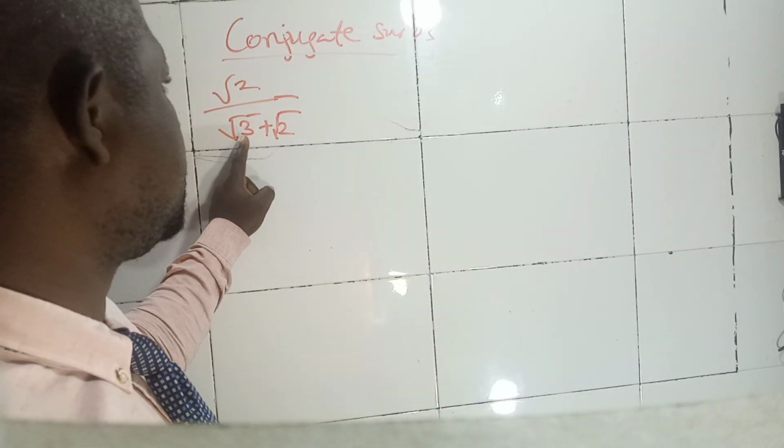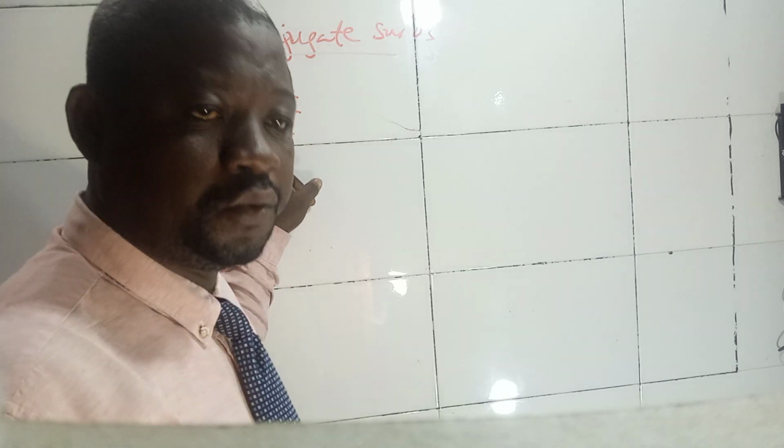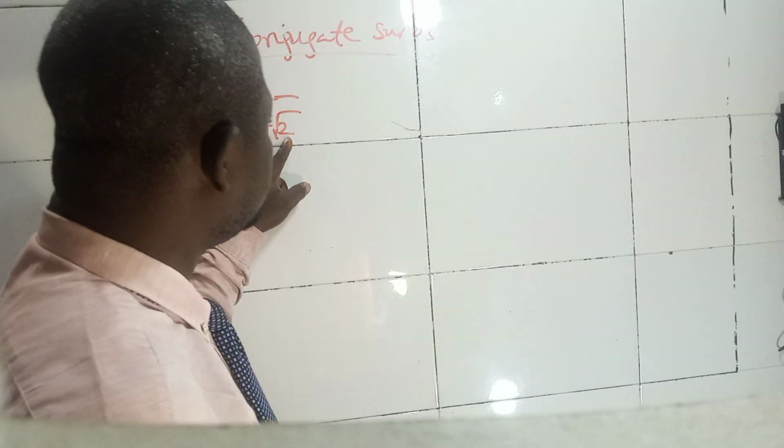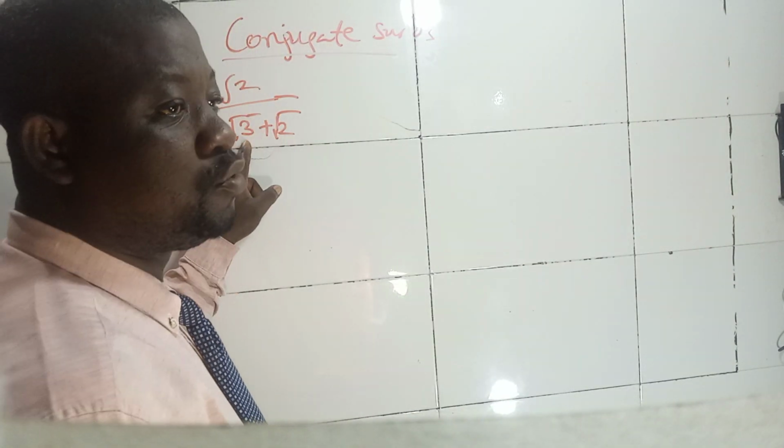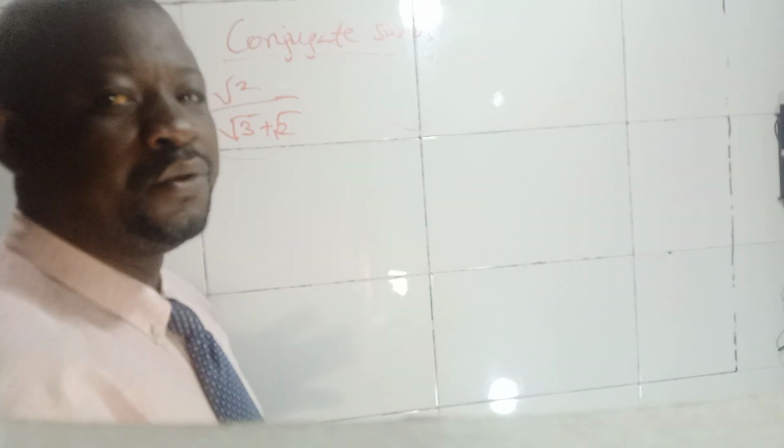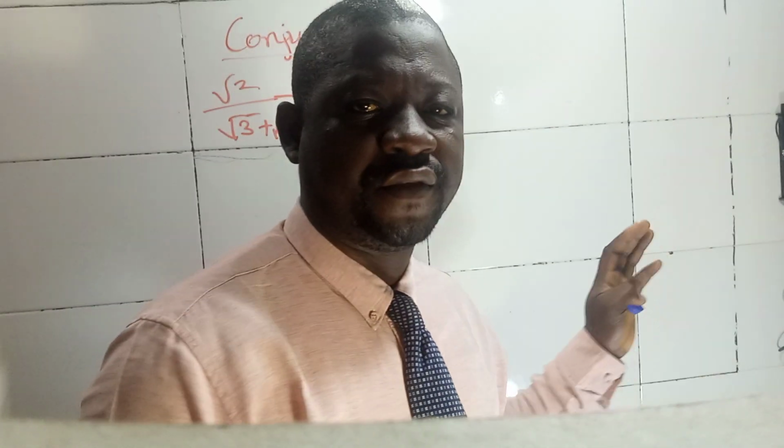You have two surds, root 3 and root 2. When we were doing division of surds, we only had one divisor, which is just one surdic number. But here we have two surdic numbers. So when you have two surdic numbers dividing a numerator, then we are having what? Conjugate surds. Then how do we solve this problem?